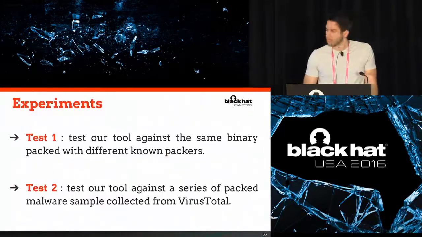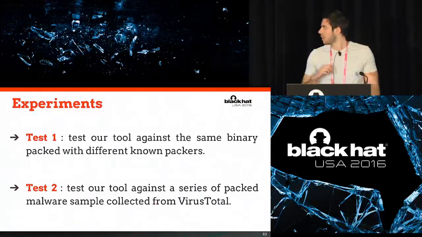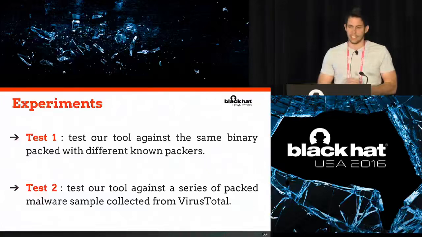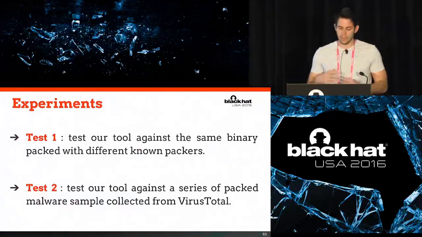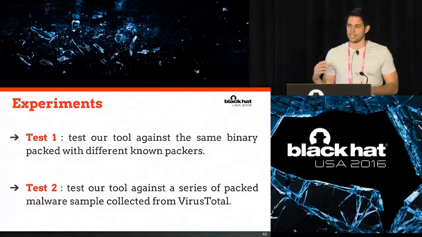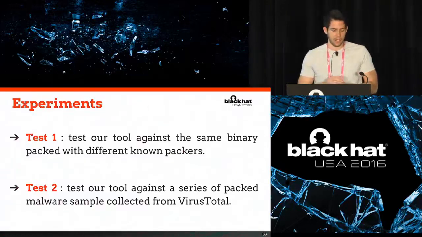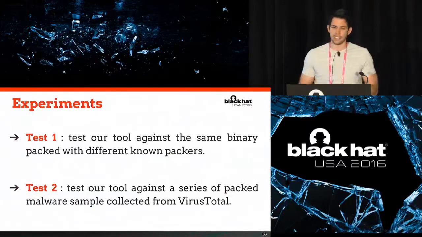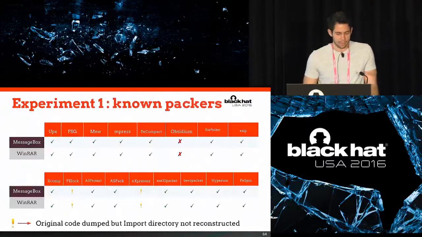Now, the experiments part. We decided to test the effectiveness of our system against two families of experiments. In the first one, Pindemonium was tested against a custom sample packed with several different commercial packers, while in the second one, the test was conducted against a series of malware known to be packed and collected in the wild.